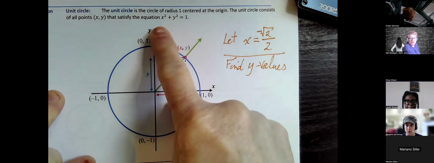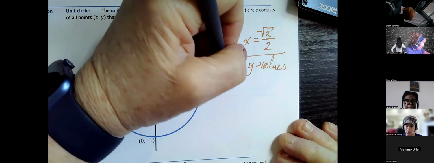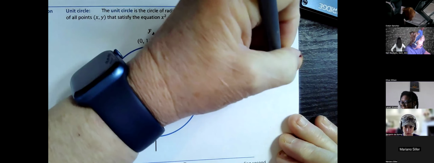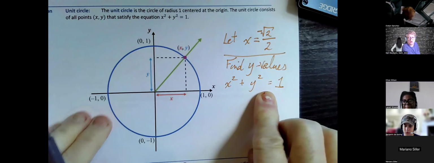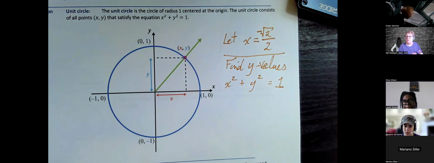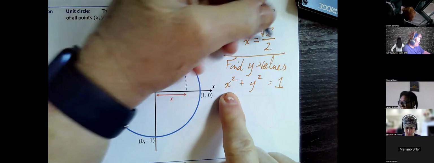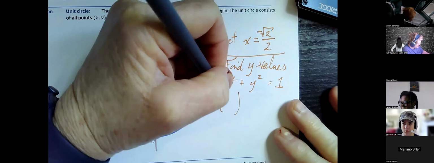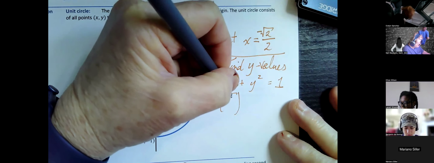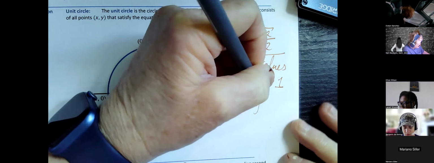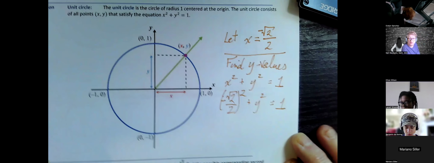Yes. So we're going to use this formula: x squared plus y squared equals 1. I really want y'all to get in the habit of writing down the formula. Even if you know it really well, it's a part of communicating. All right, so we've got x, which we know, and y, which we're looking for.